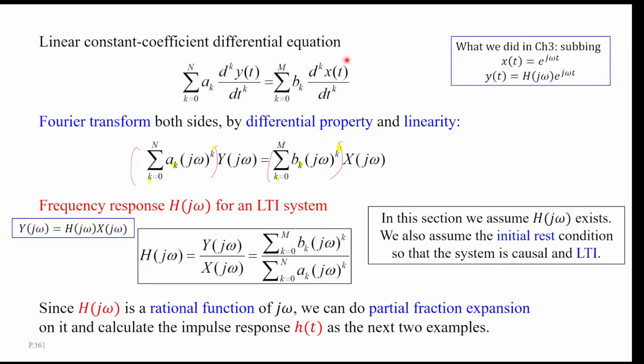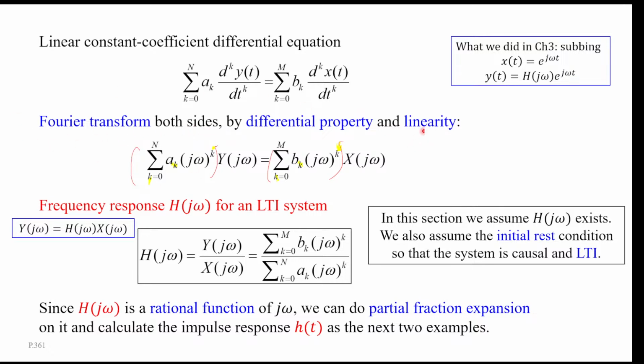We tried to solve this in chapter 3 by substituting x of t equal to e to the j omega t, and y of t equal to H of j omega times e to the j omega t, and solving for big H of j omega. Here we do something similar and also get big H of j omega, but now with the Fourier transform. We say this thing equals this thing, and assume the Fourier transform exists.